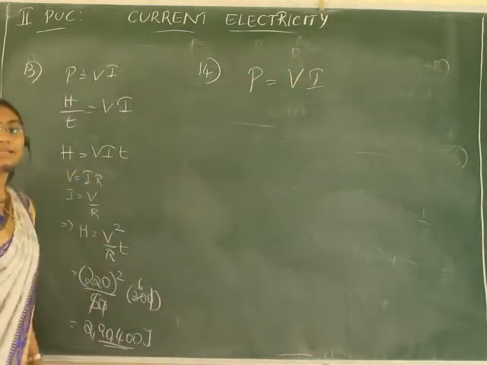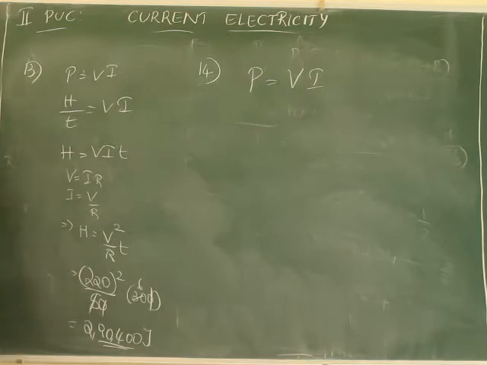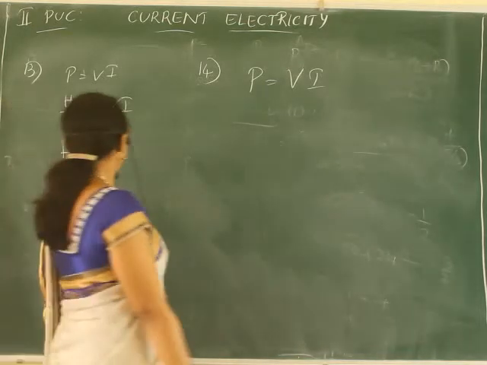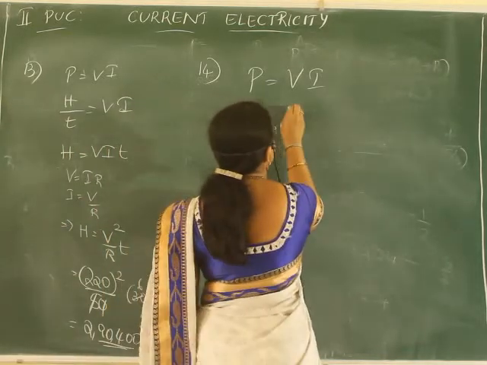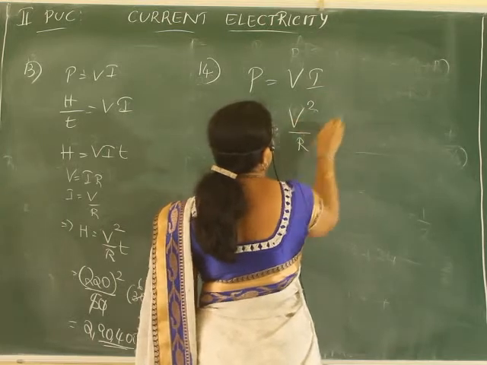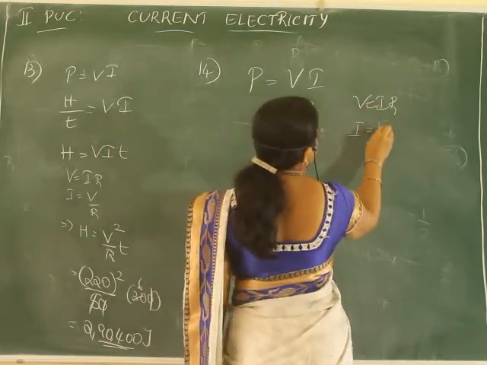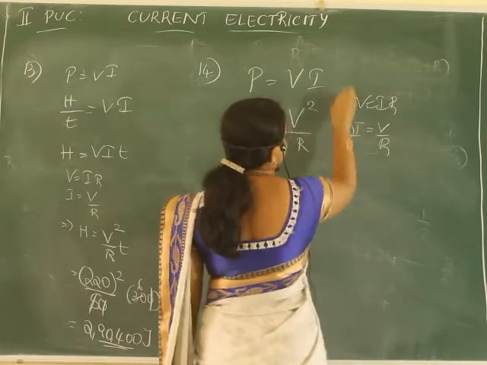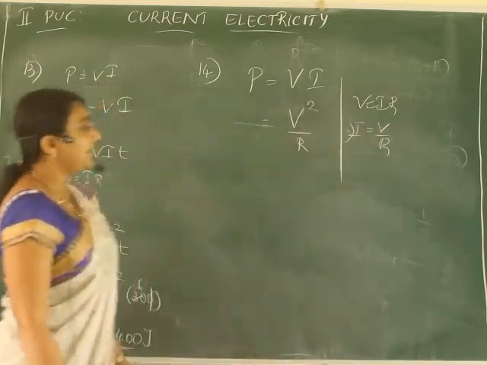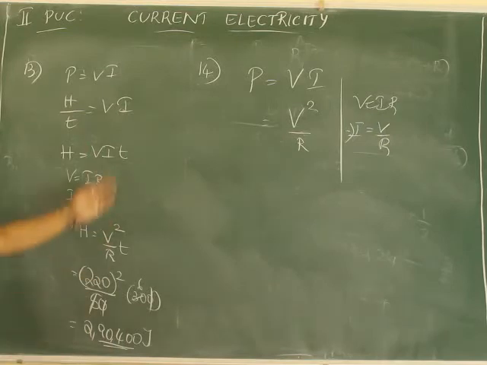Correct? Power is equal to V into I. How to calculate? I is nothing but V by R. So we'll get V square by R. P is equal to V square by R, just like how you have calculated here.